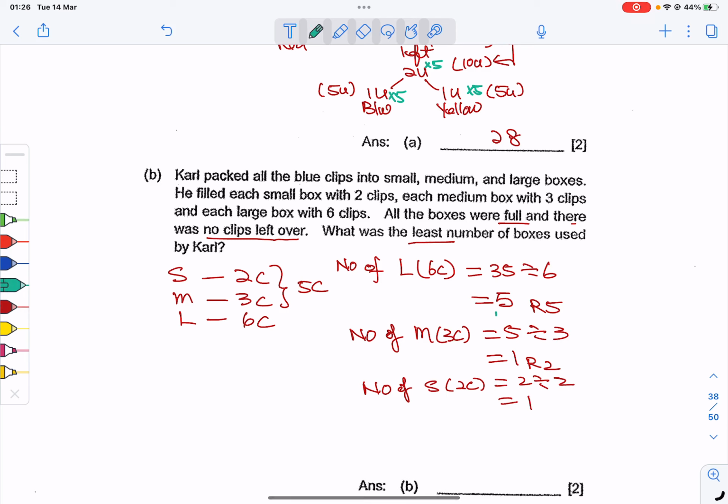So here we have 5 boxes, 1 box, 1 box. So total number of boxes without remainder we can pack is 5 large, 1 medium, 1 small. We need 7 boxes.